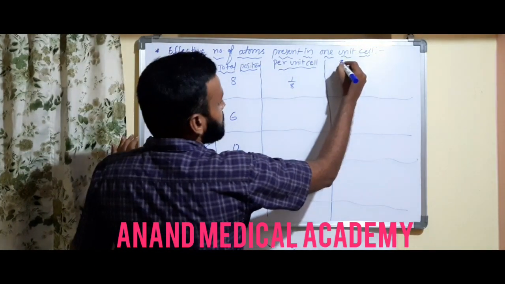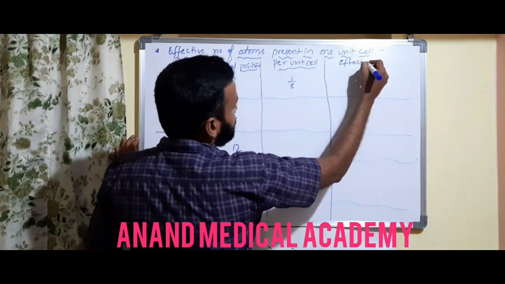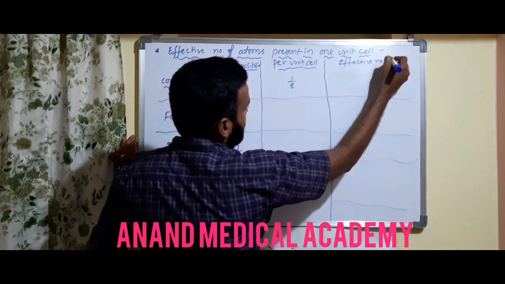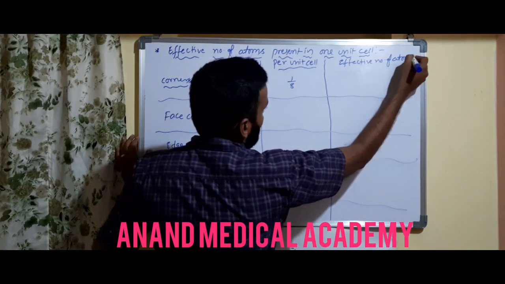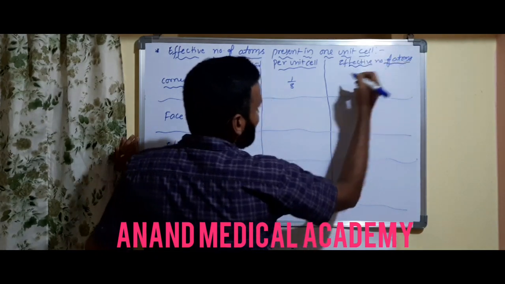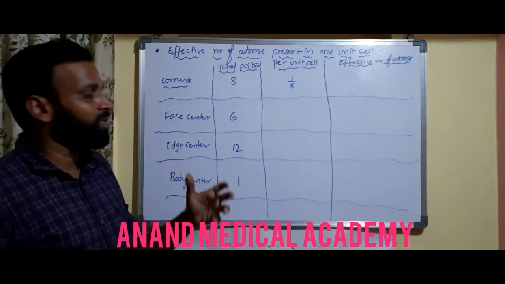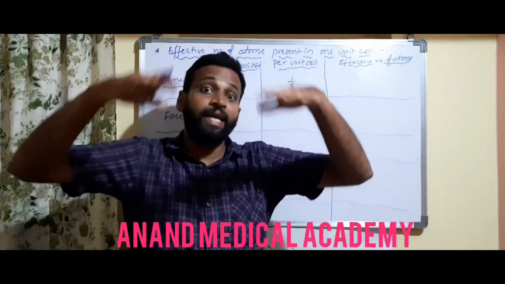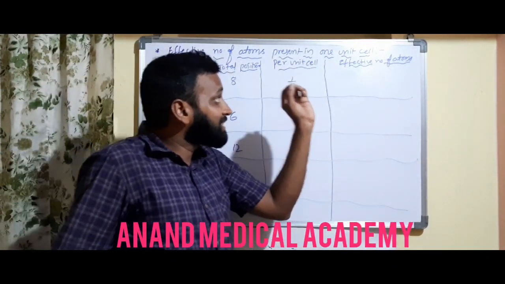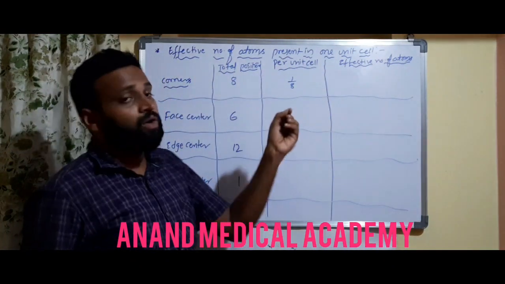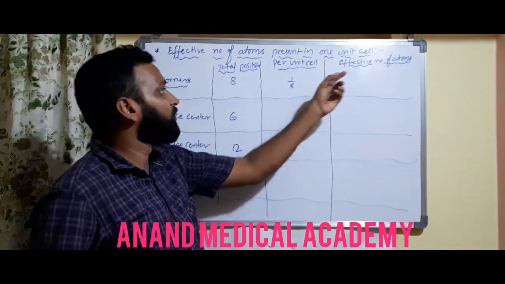So what is the effective number of atoms? Effectively how many atoms per unit cell? Appearing 8 corners and 8 atoms, but what exactly is the contribution or partnership per unit cell?